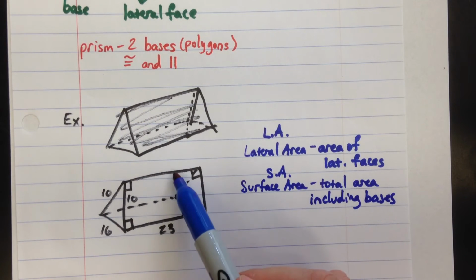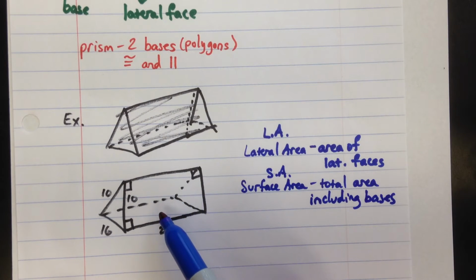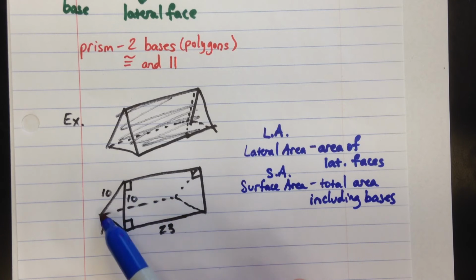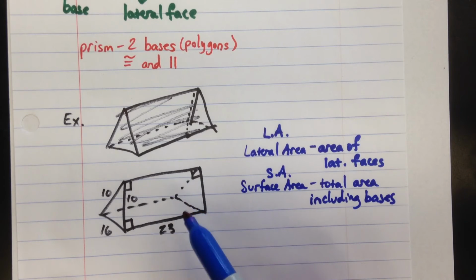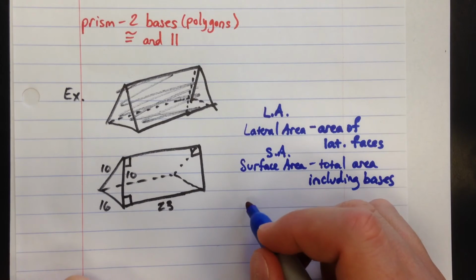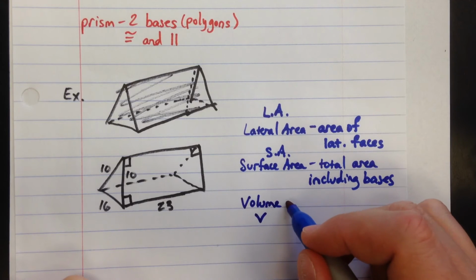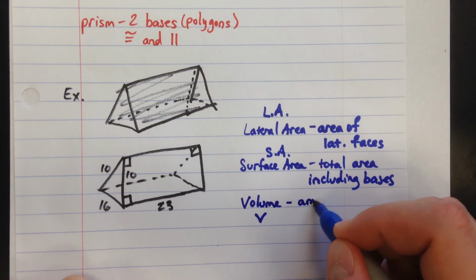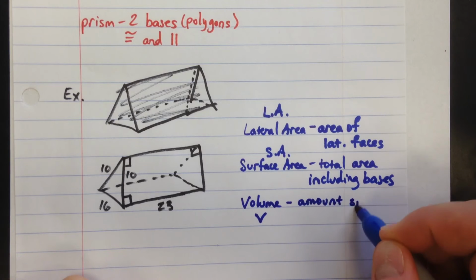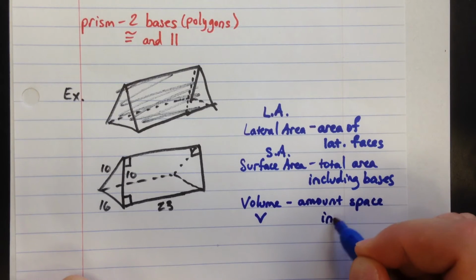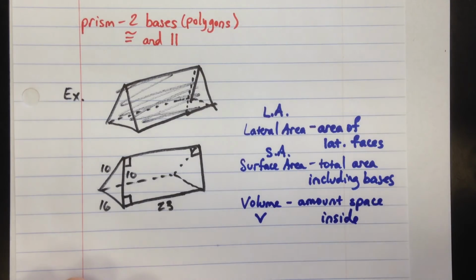So lateral area would be just for the rectangles, but surface area, imagine that you were wrapping this up as a present, so you would also wrap up this left side and this right side. Those are the two bases. And then the last one that we'll find is volume, which we'll abbreviate with a V. Volume is the amount of space inside.